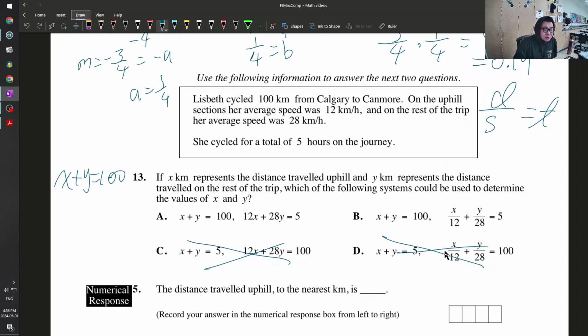My distance is x kilometers for uphill, and what is the speed? It is 12. What is the downhill distance? It is y kilometers, the rest of the trip distance is y kilometers, and what is the speed? 28. And what is the whole time? 5. So that's why the answer is B.